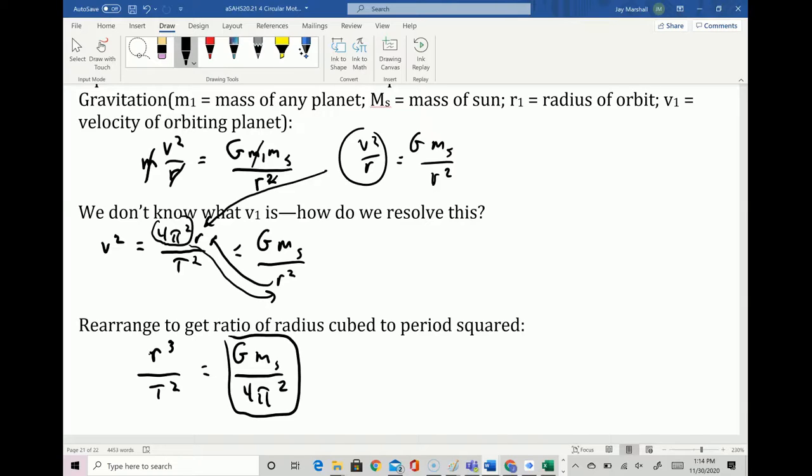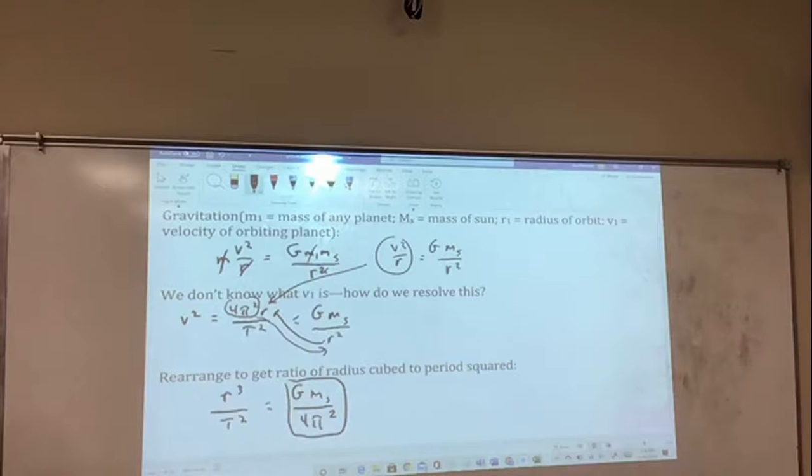So for our sun, this value will be the same for any planet. For some sun in another solar system, it's going to depend on the mass of that sun, but we could still use it to figure out this ratio.